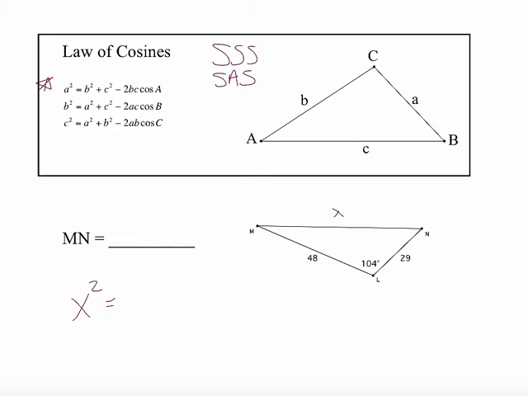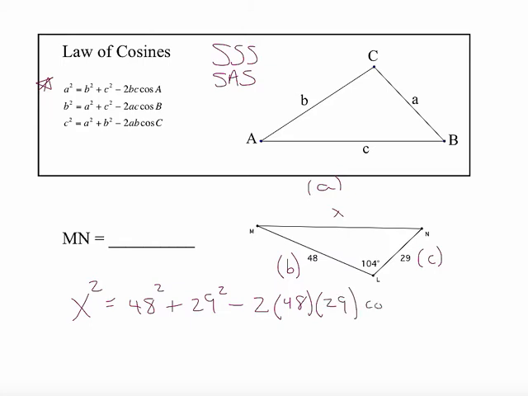Now my other two sides, if that's A, according to the formula, the other two sides of the triangle would be B and C. So it's going to equal b squared, which would be 48 squared, plus c squared, which in this case c is 29, minus 2 times b, which again is 48, times c, which again is 29, times the cosine of angle A. And angle A is what I have, because remember A and angle A are always opposite of each other, so times the cosine of 104.